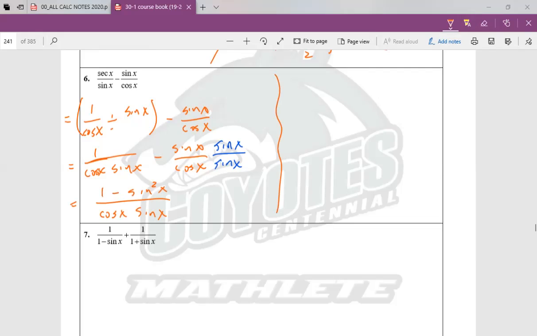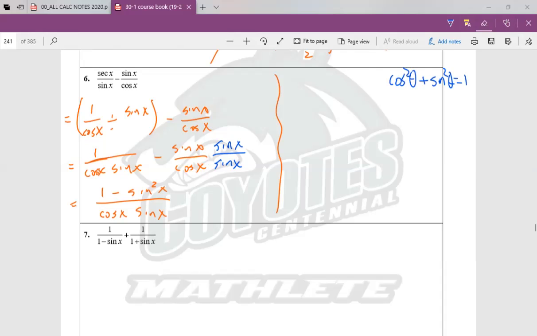Now, this doesn't really look pretty, but if we think back to our Pythagorean identities, they all stem from the fact that cos squared theta plus sine squared theta is equal to 1.